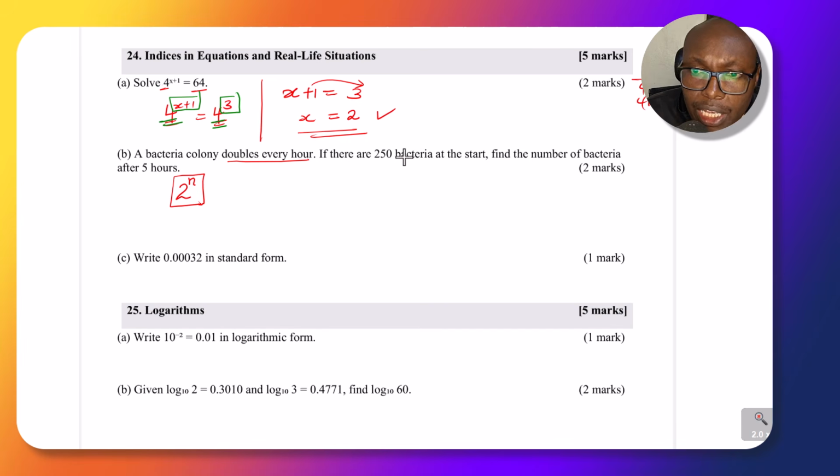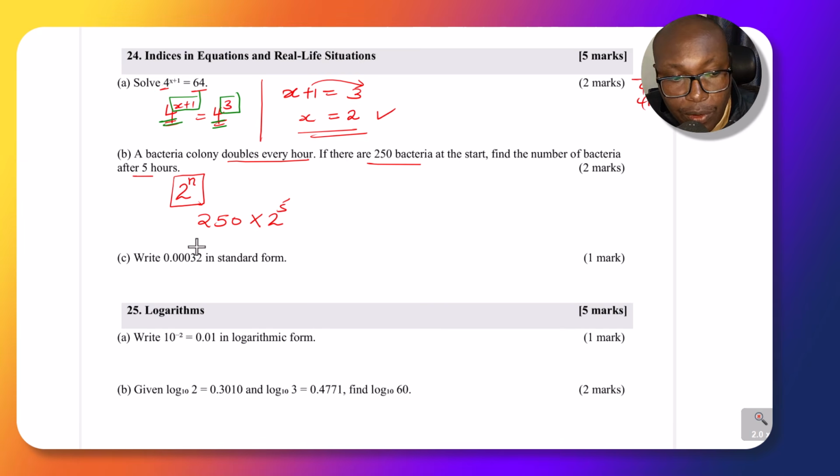So therefore, if there are 250 bacteria at the start, find the number of bacteria after 5 hours. After 5 hours means you're going to multiply by 2, because it is doubling, and that is after 5 hours. Remember, n is the 5 hours. It will be like that, to power 5. So that is what you need to work out.